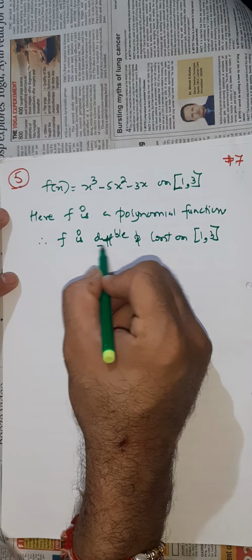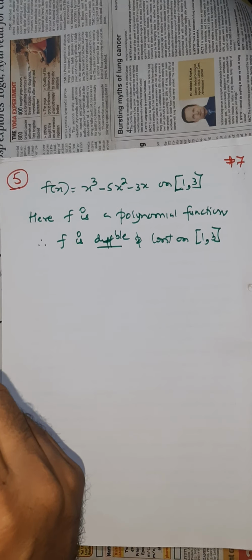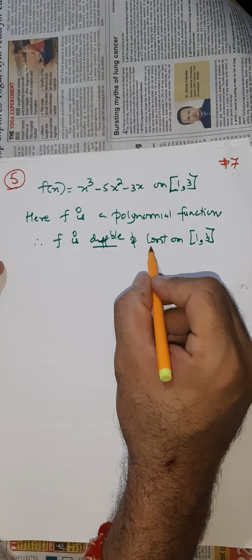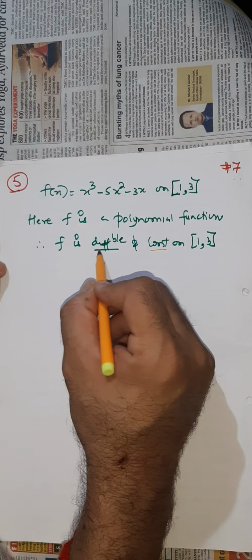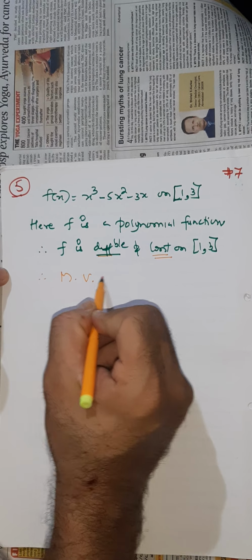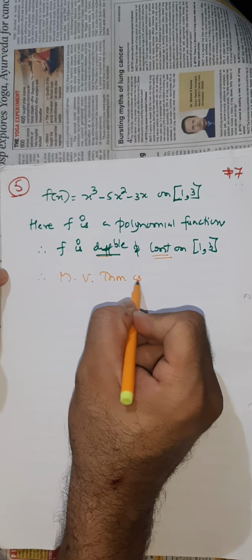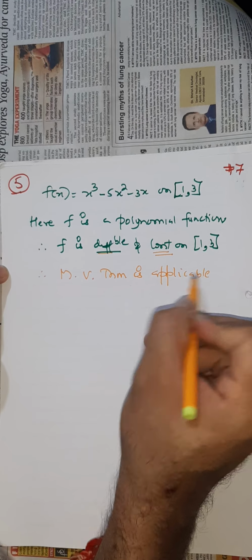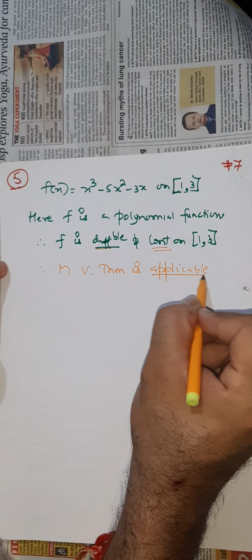Okay, now for mean value theorem you don't require the third condition, therefore you can say that mean value theorem is applicable. You can find c using mean value theorem.